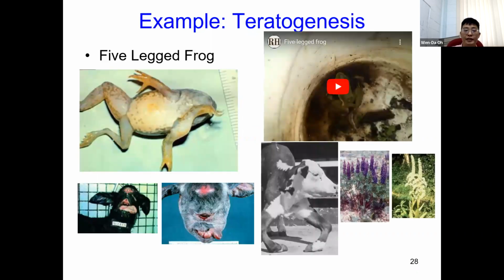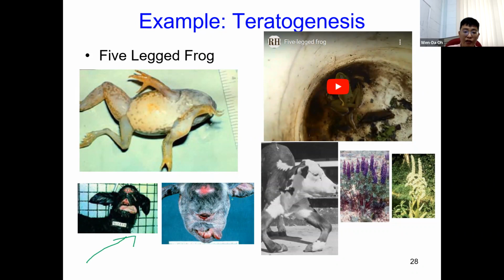Example, as you can see, sometimes frogs can be born with 5 different legs, right? This is probably because of teratogens, or maybe sometimes because of a virus. There are many reasons why these kinds of things can happen. This is a classical example of exposure to teratogens.